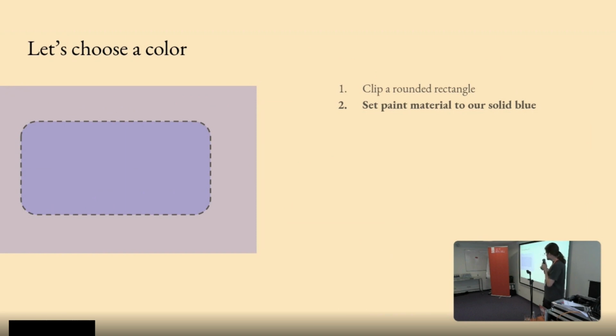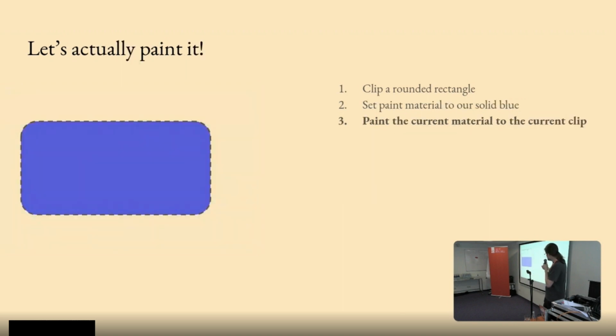So in this case, setting the paint material to a solid blue, you can envision as an invisible and infinitely large plane of the color blue that, if we are to issue a paint, everywhere it intersects with our current clipping area will become blue. And so the next thing we do is paint, and the interior of our selected area becomes blue.